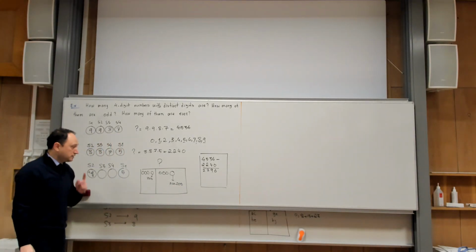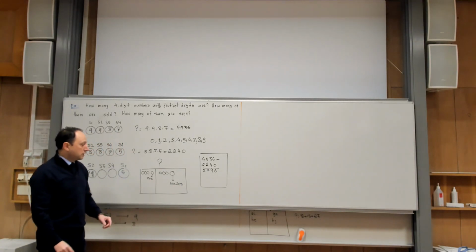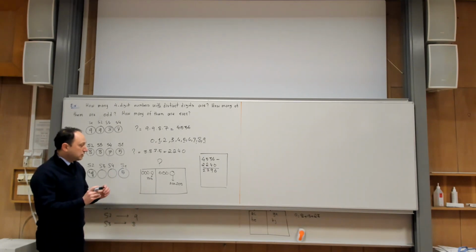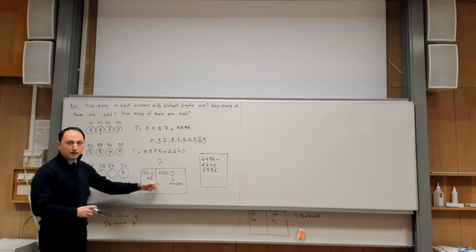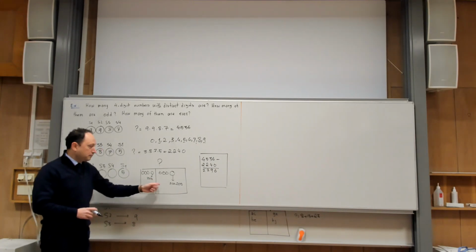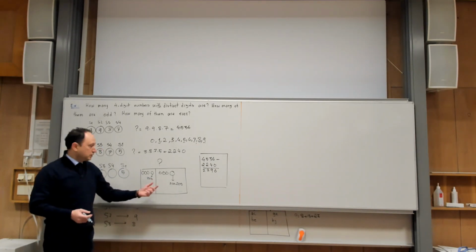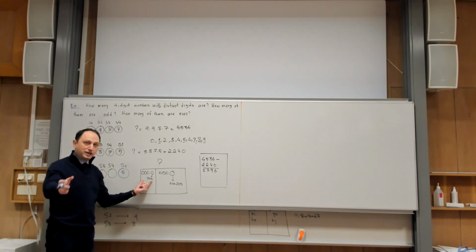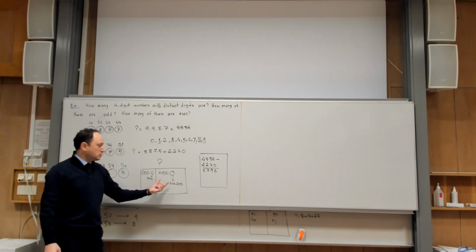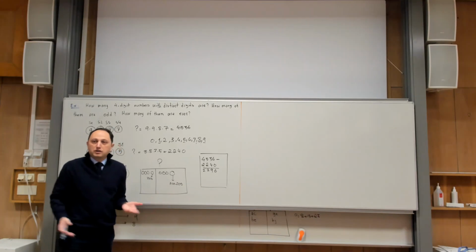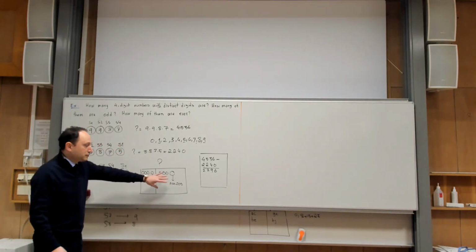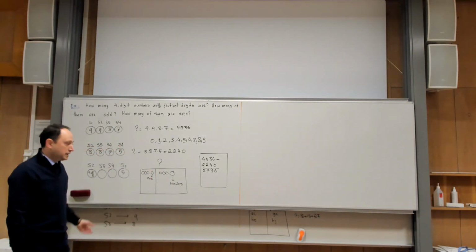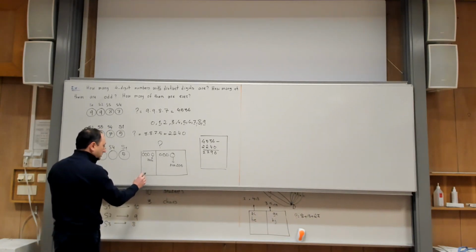But because I am going to use the sum rule, I have to be confident about one important thing. There shouldn't be an overlap. Is there any overlap between these two parts? No, because these are numbers with the units digit 0, and these are numbers with the units digit not equal to 0. It is clear that none of them is in both of them. Okay, now can you calculate the number of elements here?